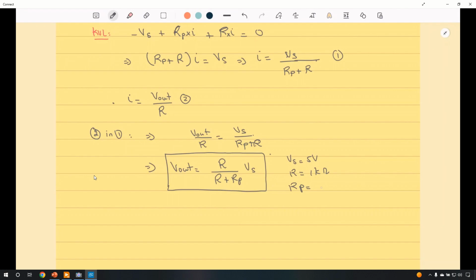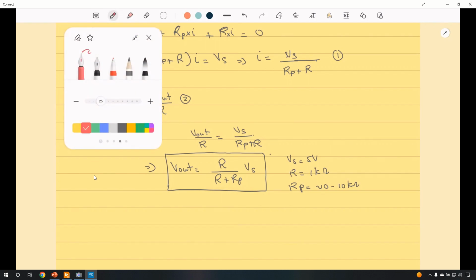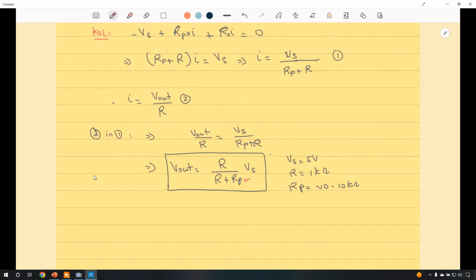And Rp changes between approximately 0, not exactly, and approximately 10 kilo ohms, because we have some variations as we will see. So now, by changing Rp right here, we can change V out, and therefore this is a voltage divider circuit, because I can modulate the output voltage depending on the resistance value of Rp by changing its resistance value. So let us go back to our slide.